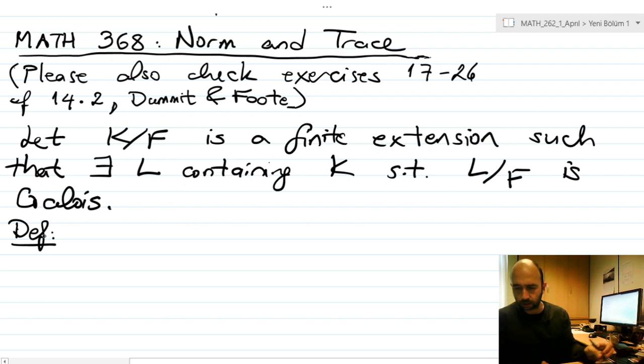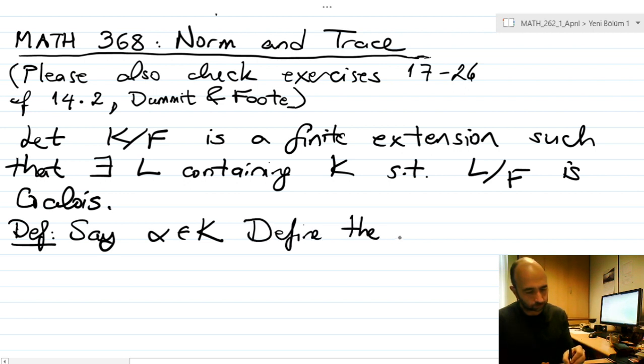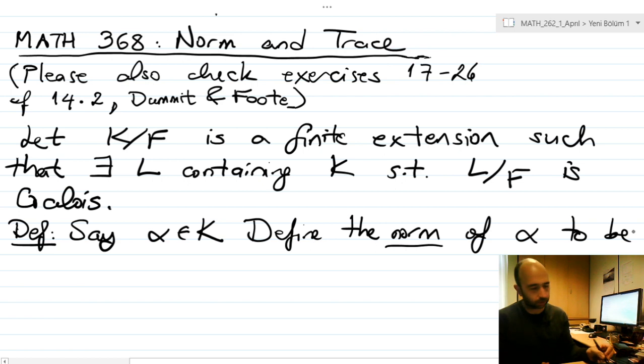Say alpha is an element of the field K. We define the norm of alpha to be simply, I have to be a little bit careful in the notation here.